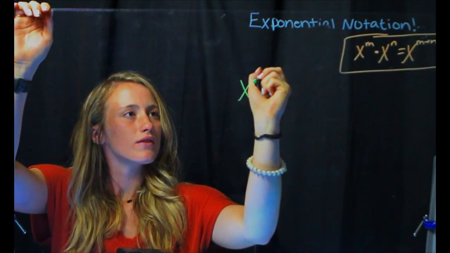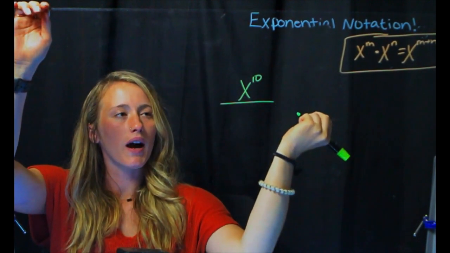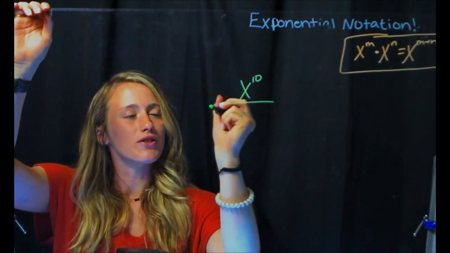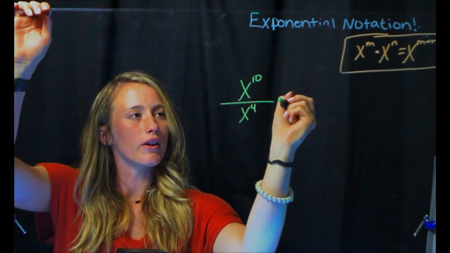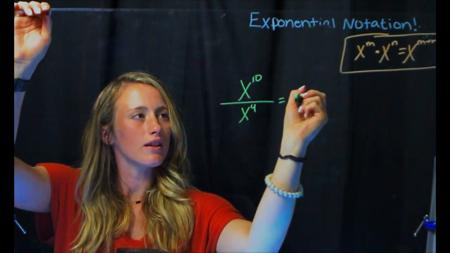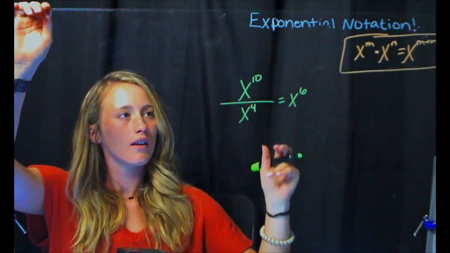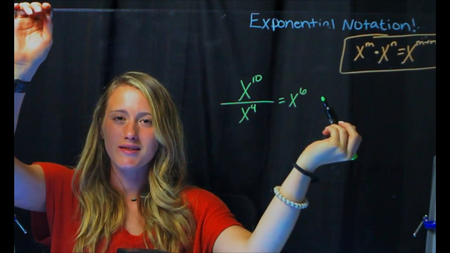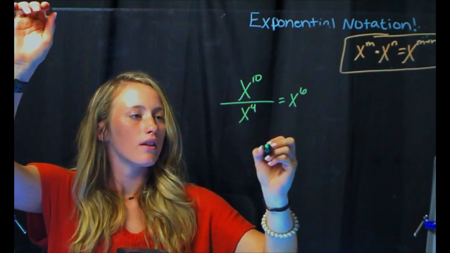X to the 10th power divided by, and that might look like a fraction, but that is a division sign, divided by x to the fourth power. That's going to equal x to the 6th power. Look at those numbers and how do you think I got 6? How about you try to solve this one on your own?